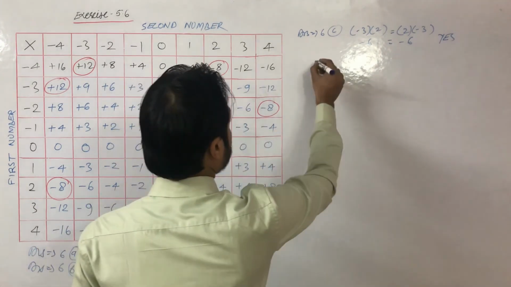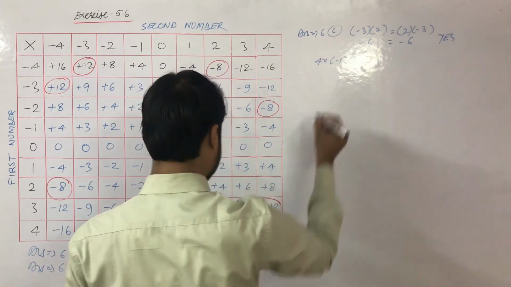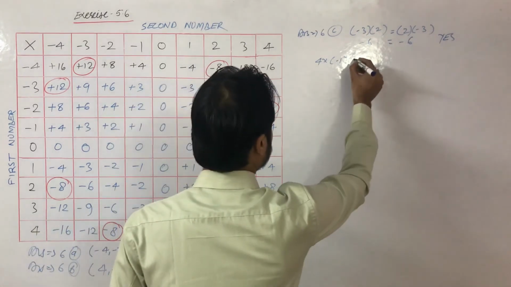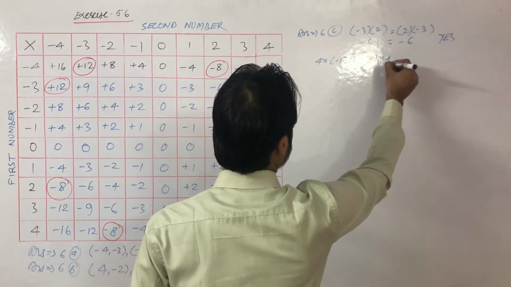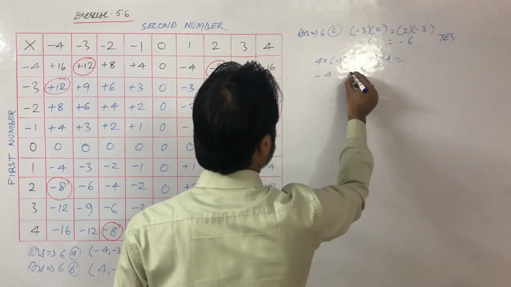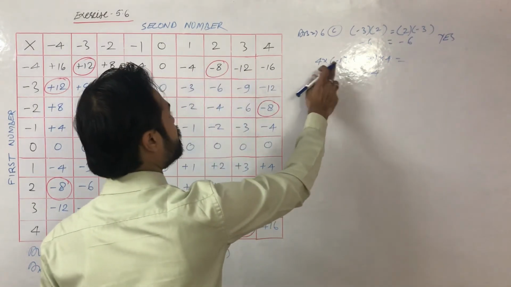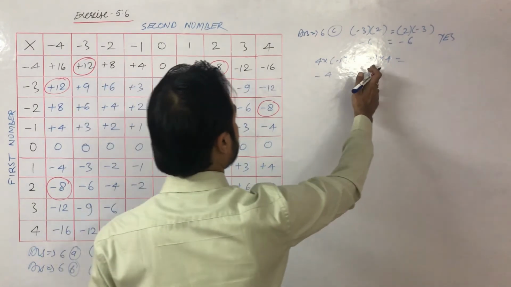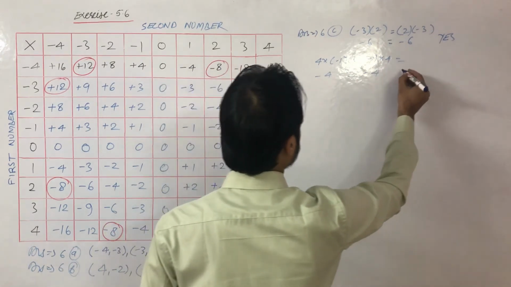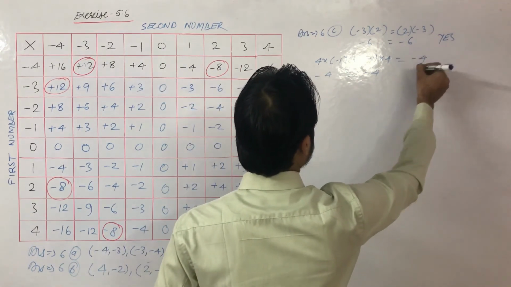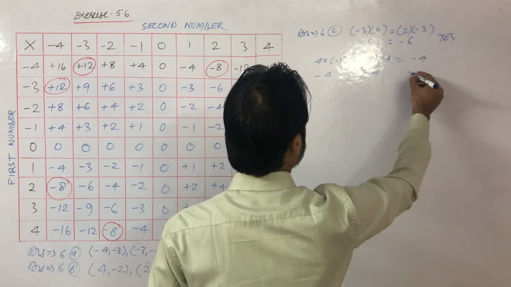And we have 4 into minus 1 equals minus 1 into 4. Again, values are the same, minus 4 and minus 4. So yes, both are the same.